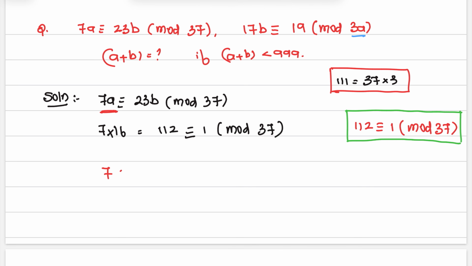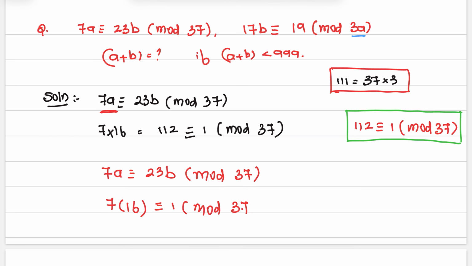7a is congruent to 23b mod 37. At the same time, 7 into 16 is congruent to 1 mod 37.